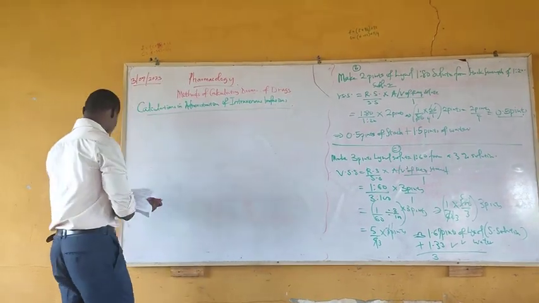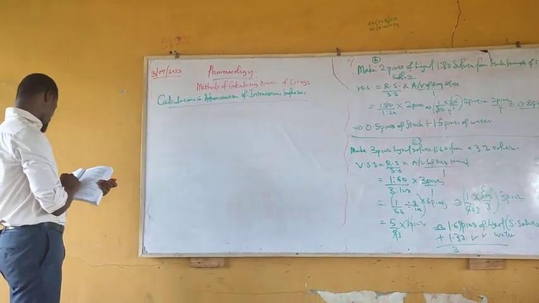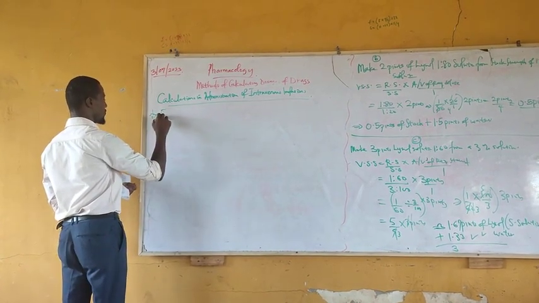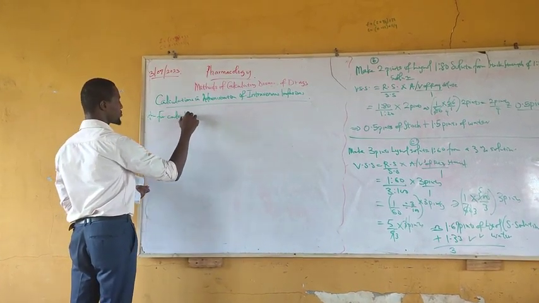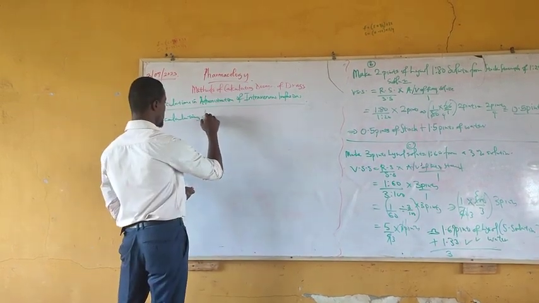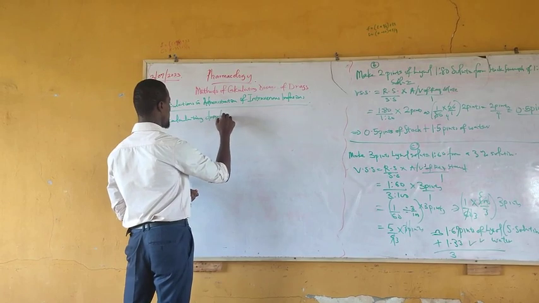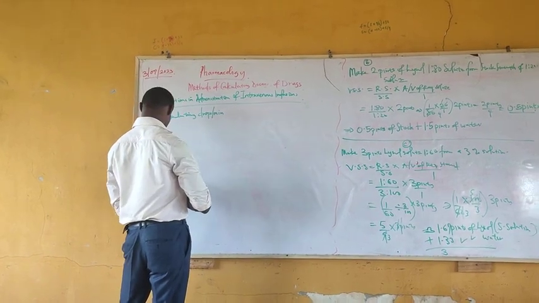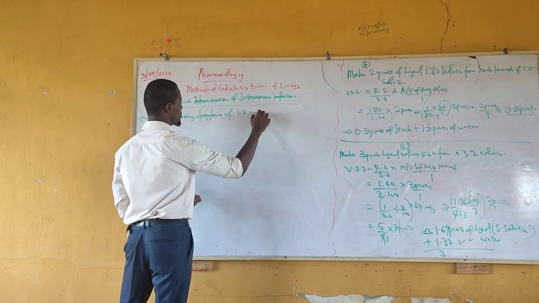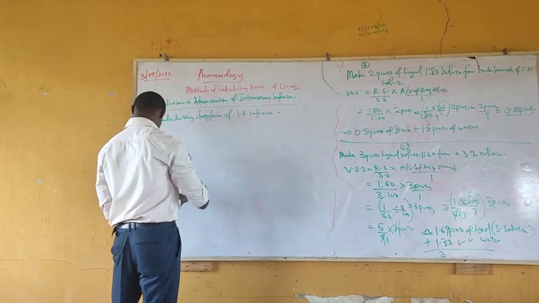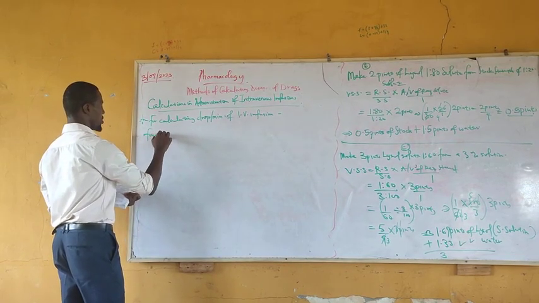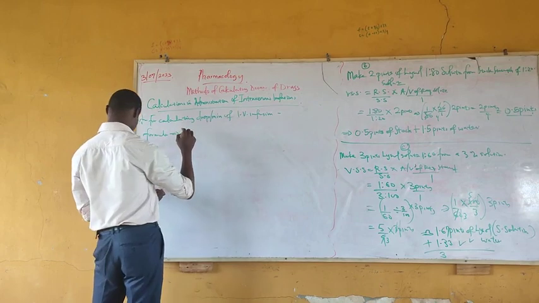We do a lot of this, but we want to do one here, which is calculating drops per minute of intravenous infusions. We use this formula.